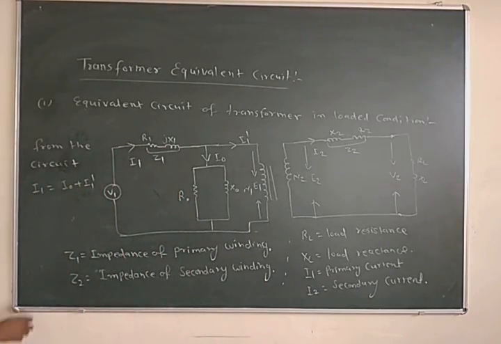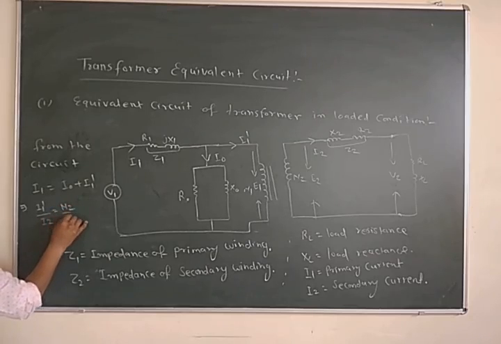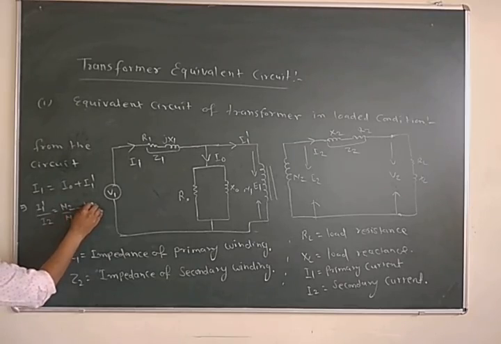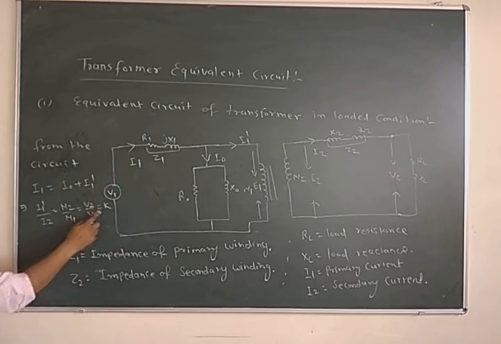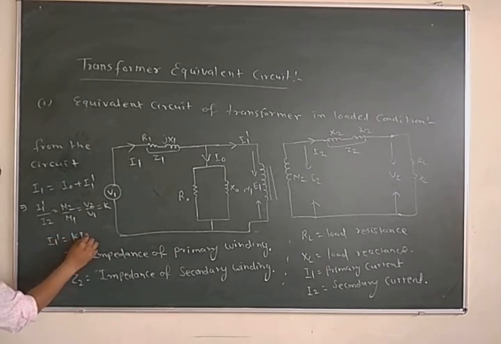So from the transformation ratio, I1 dash upon I2 is equal to N2 upon N1, which is equal to V2 upon V1, equal to K. So from here we can say that I1 dash is equal to K times I2.